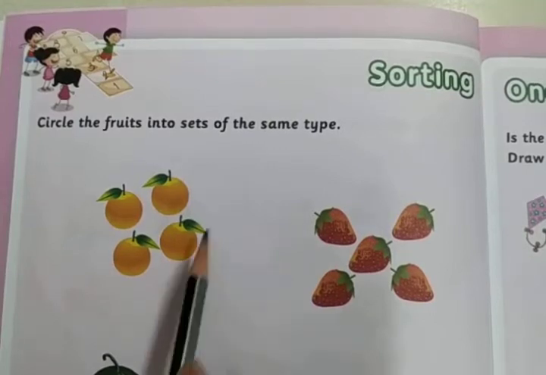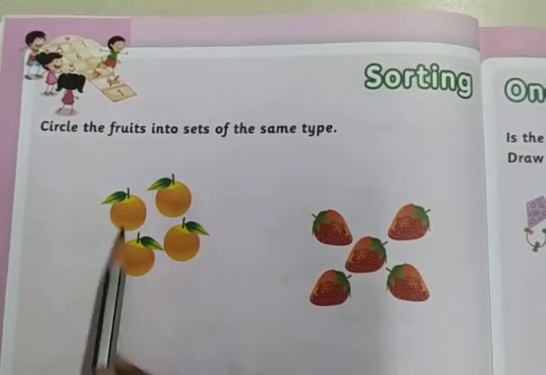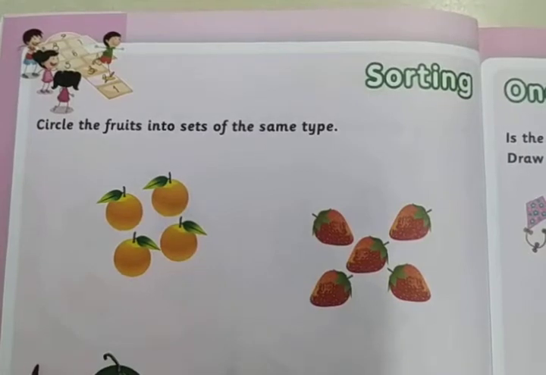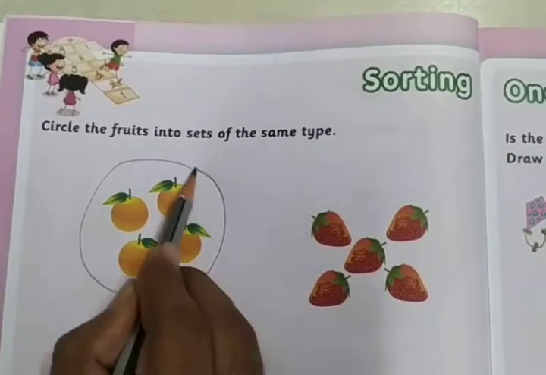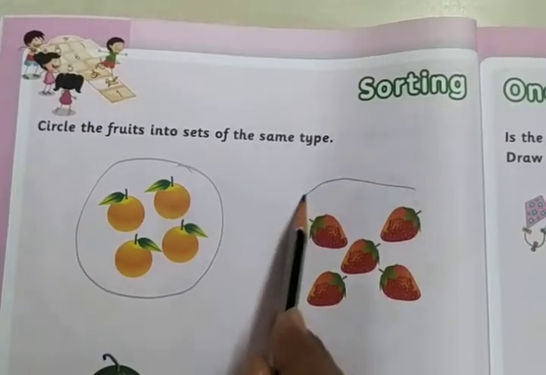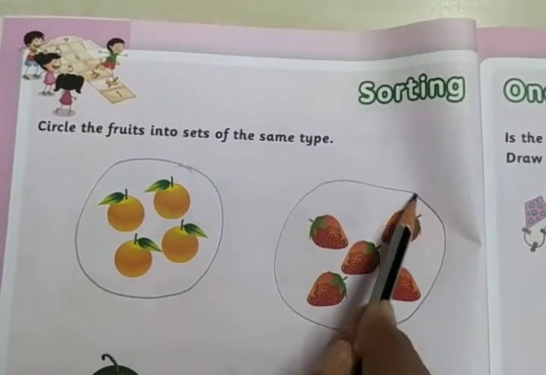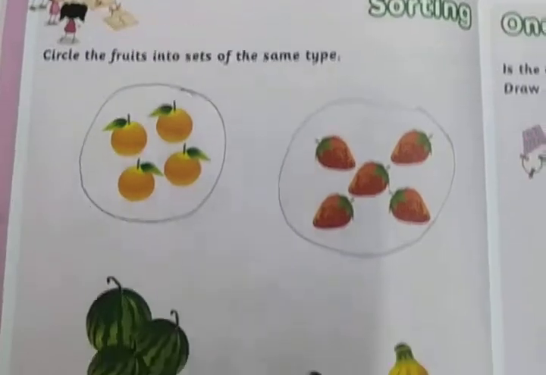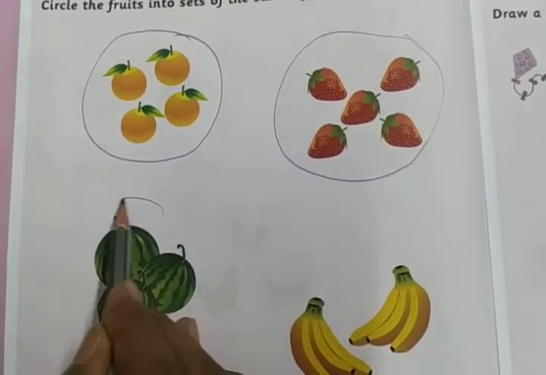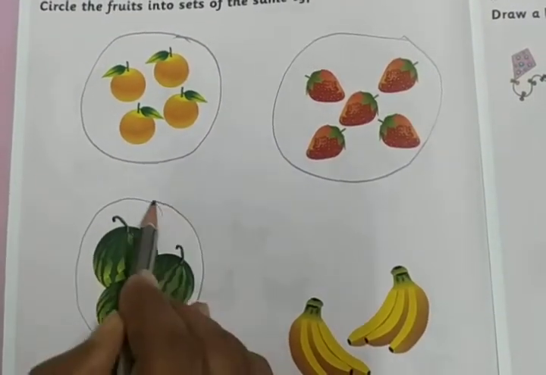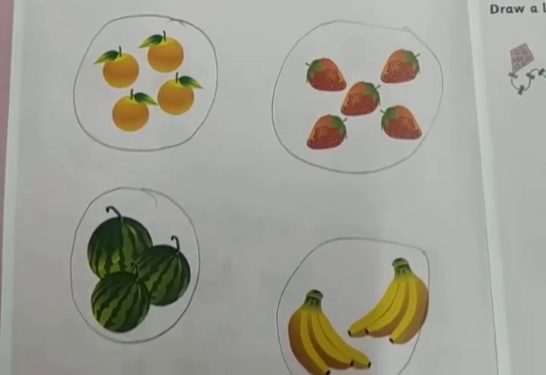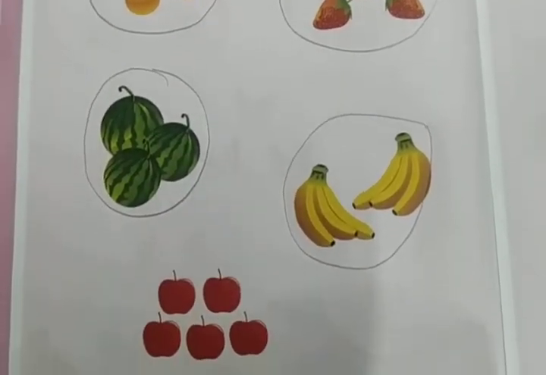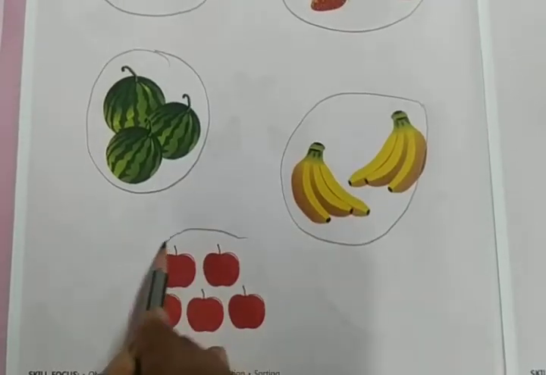So here the fruits have orange, this is one set of fruits. Strawberry, one set of fruit, and watermelon, another set of fruits. Banana, another set of fruits. Then apple, you have another set of fruits.